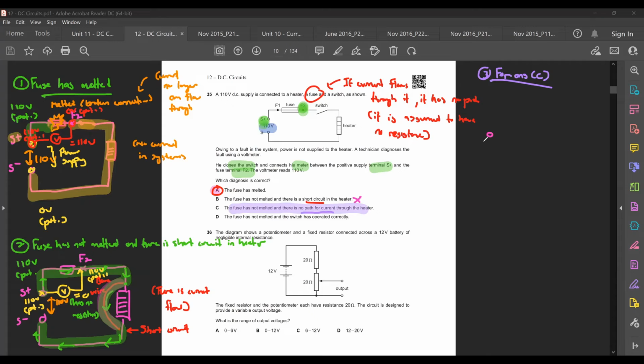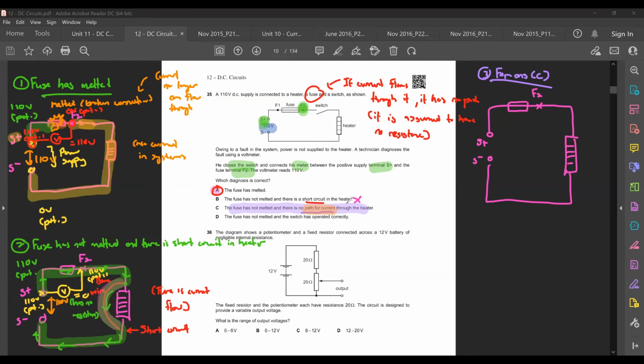I redraw it: S plus, S minus, like this. This is my fuse. This is my point F2. Now they say there's no path for current inside the heater.